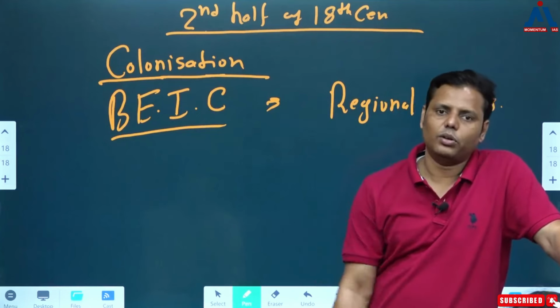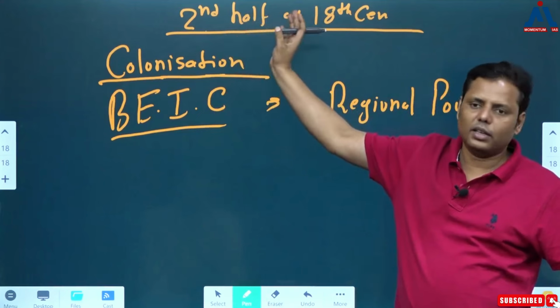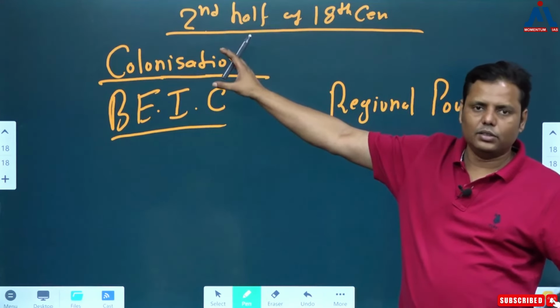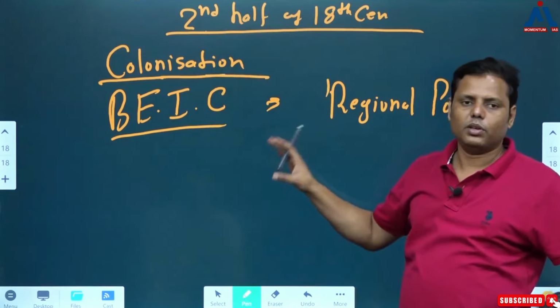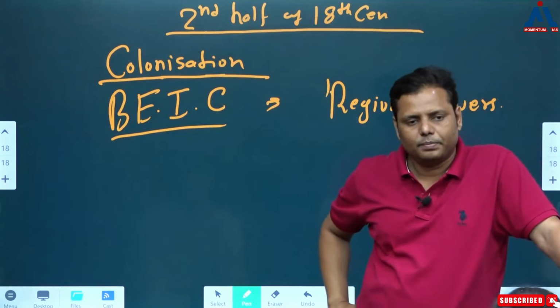So now how are we going to begin? Either we can go first for the philosophical or historiographical debates for the 18th century and then come to these developments, or else we can finish this and go to the historiographical debate.